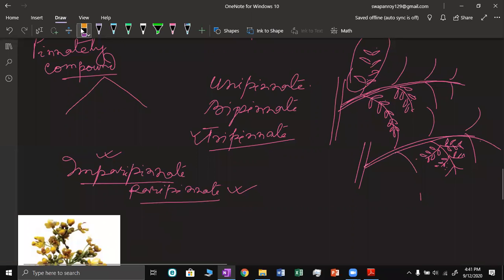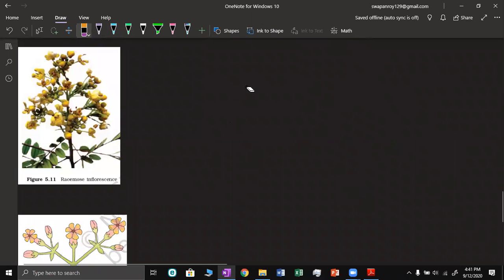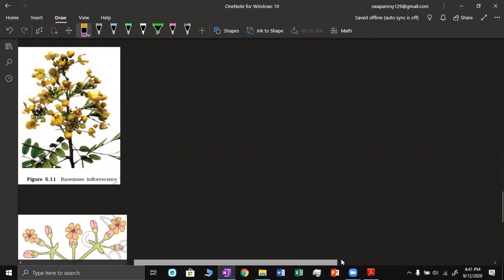Now let us move to the next one, the modification of leaf.